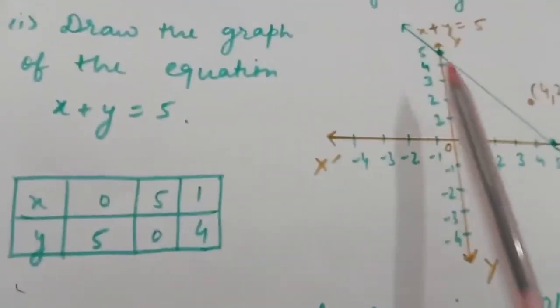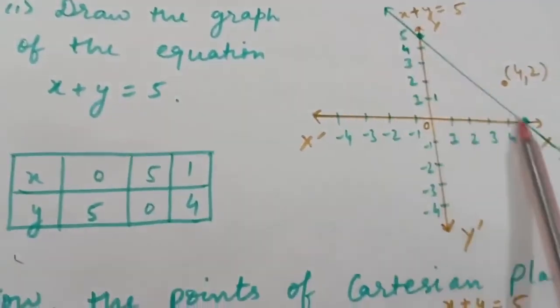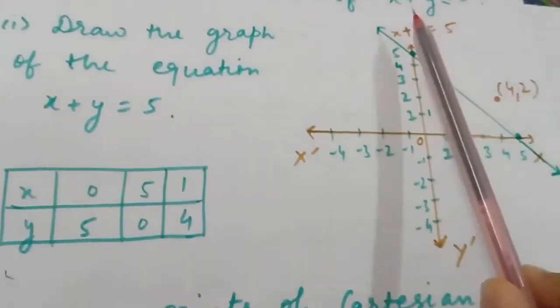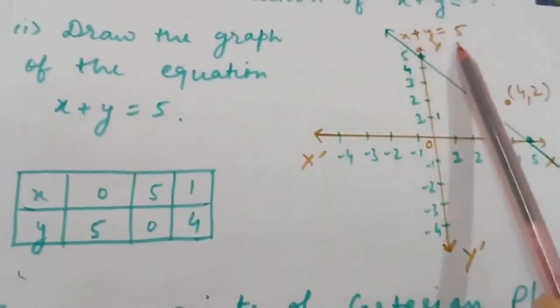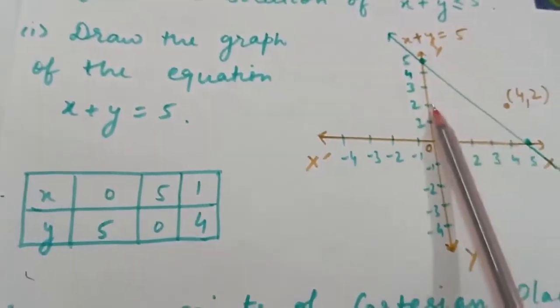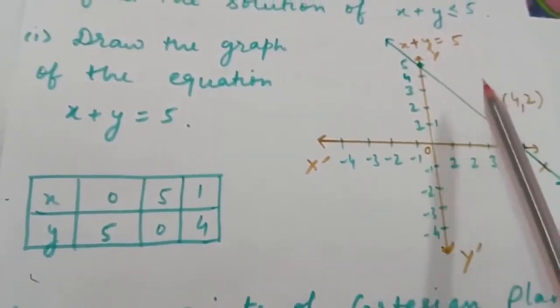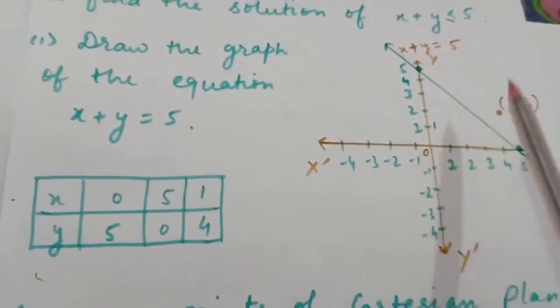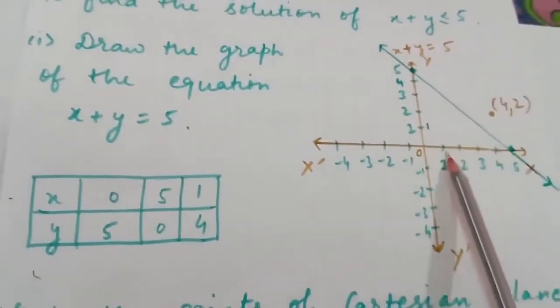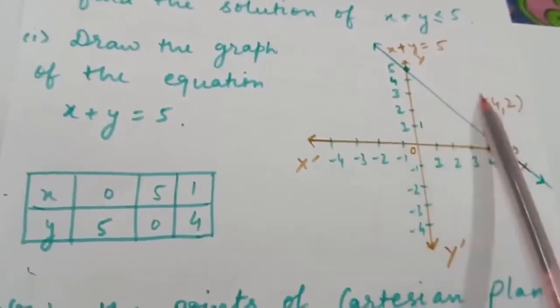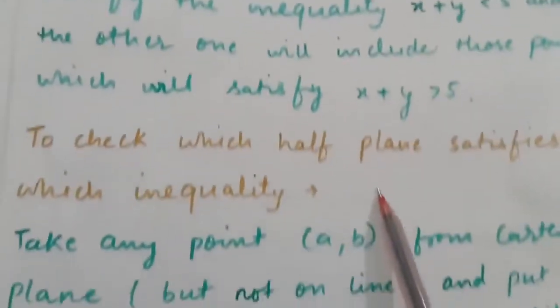As you know, this line includes those points which satisfy the equation x plus y equal to 5. Now any of these two half planes will include the solution for x plus y less than 5, and the other will include the solution of x plus y greater than 5.